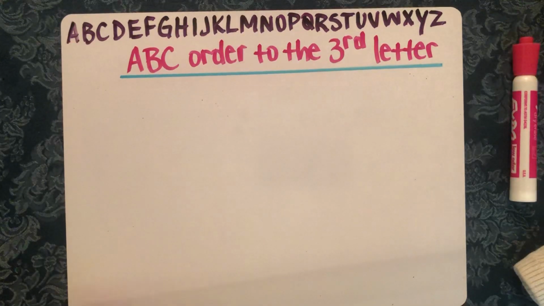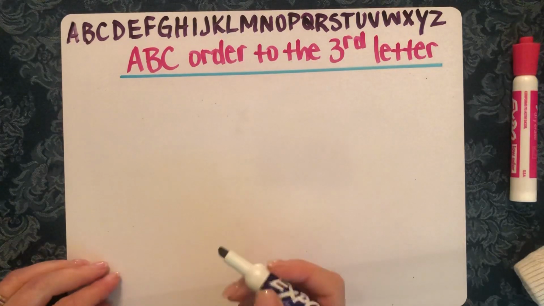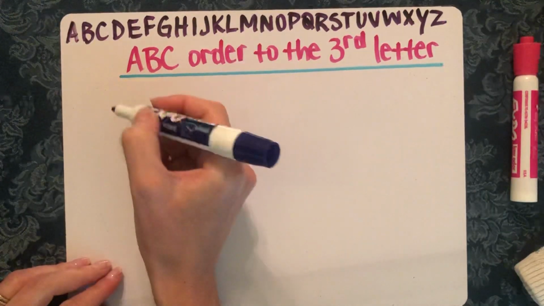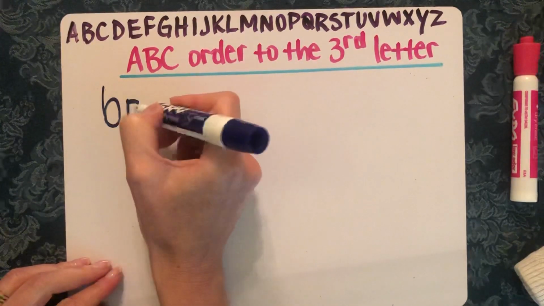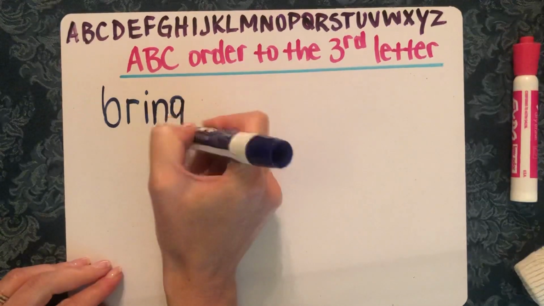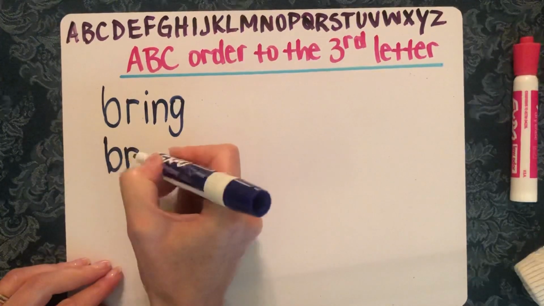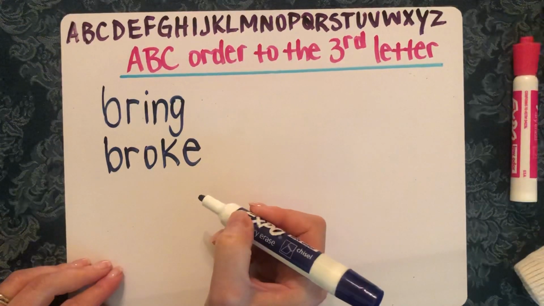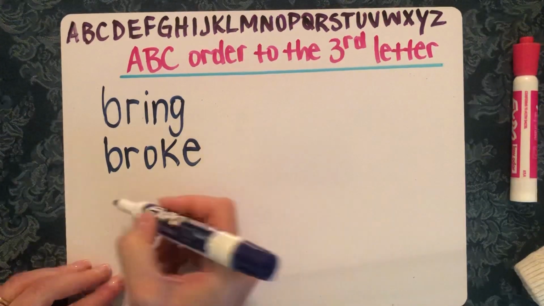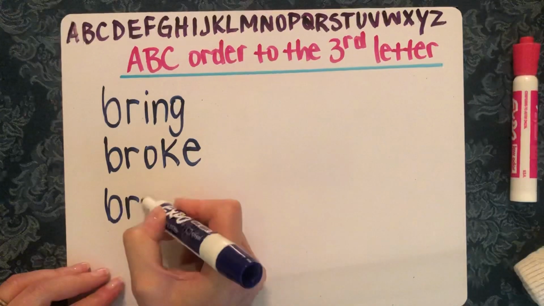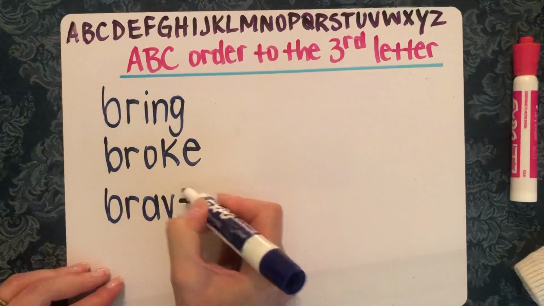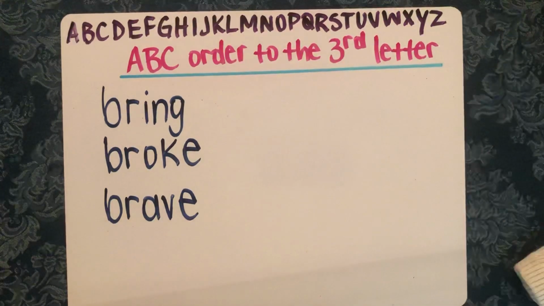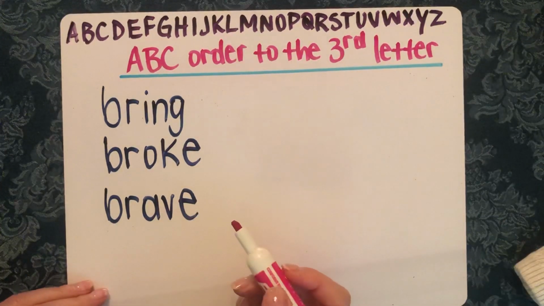So I'm going to begin by writing 3 words. We're going to practice with the words bring, broke, and brave. So I'm going to go ahead and write those now. They begin with the same first 2 letters, and so we are going to have to look to the third letter to help us put them in alphabetical order.